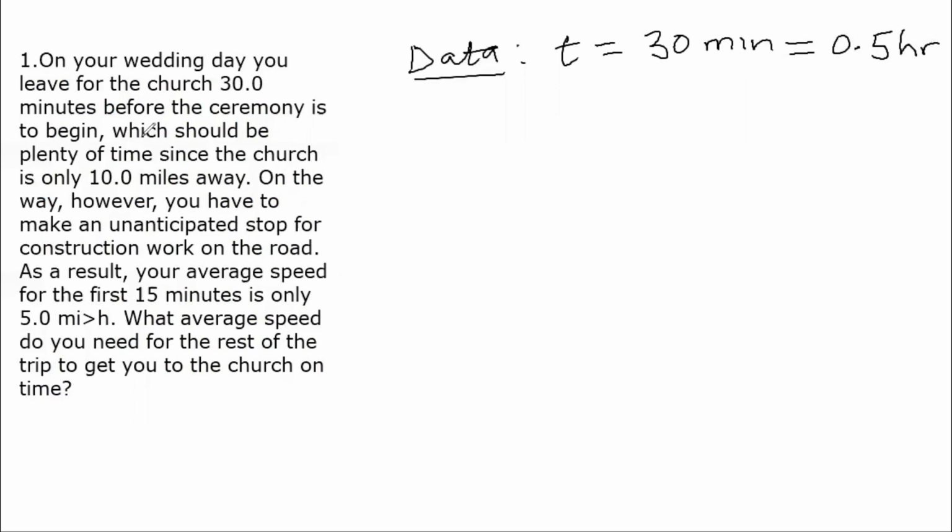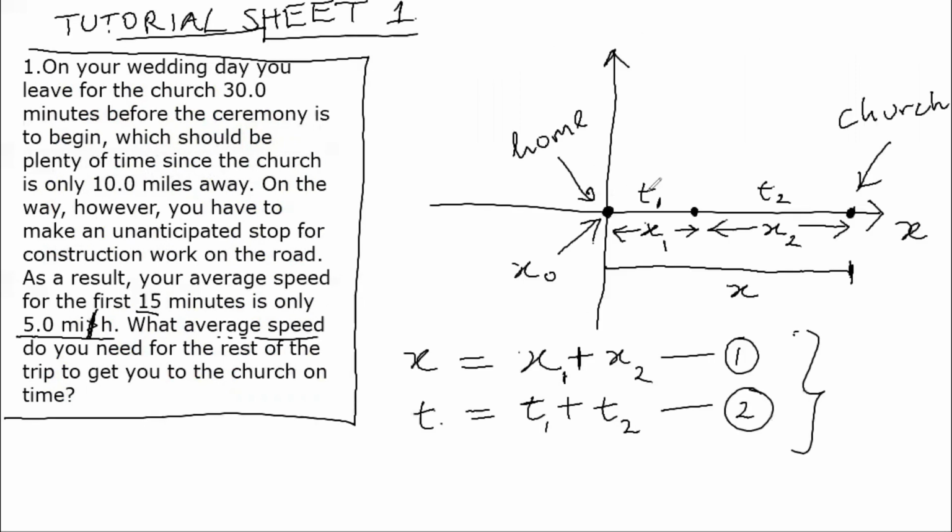Okay, so on your wedding day, you leave for the church 30 minutes before the ceremony is to begin, which should be plenty of time since the church is only 10 miles away. So what is this 10 miles that has been given here? This 10 miles is the total distance from home up to the church.